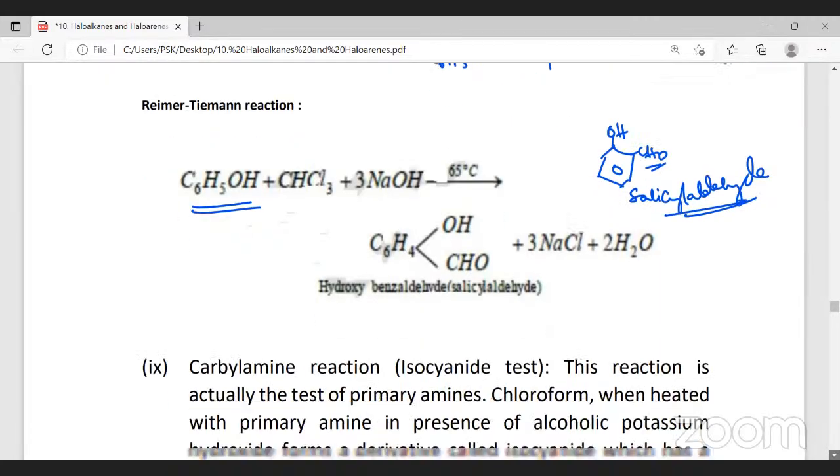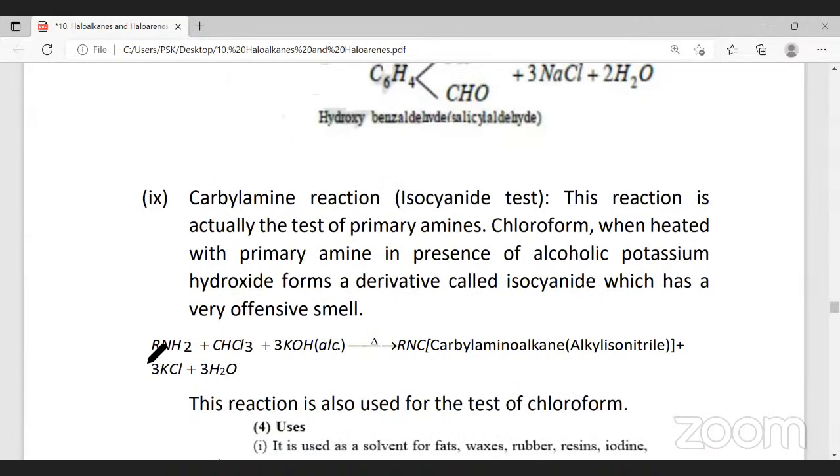Next, what we have is carbylamine reaction. Primary amines. Now, for an example, if you take methylamine, when heated with chloroform and KOH, what happens? Now this gets eliminated as 3KCl here.